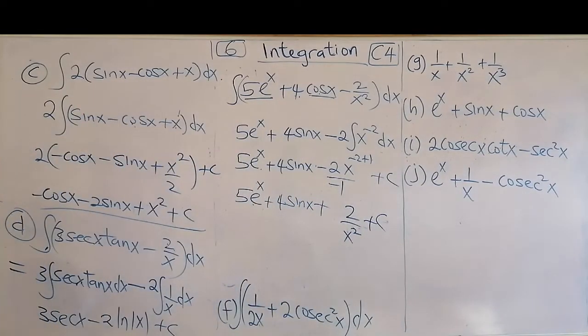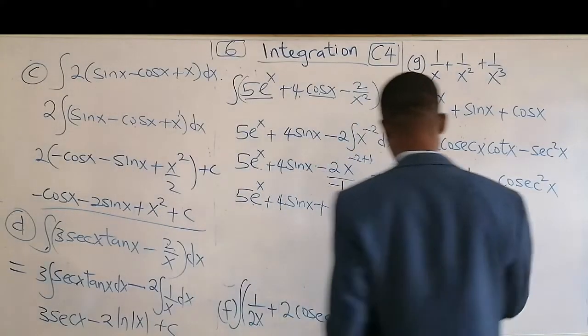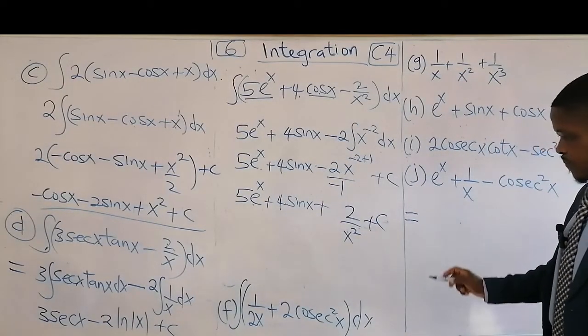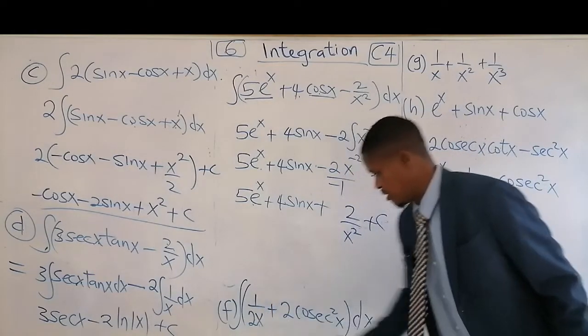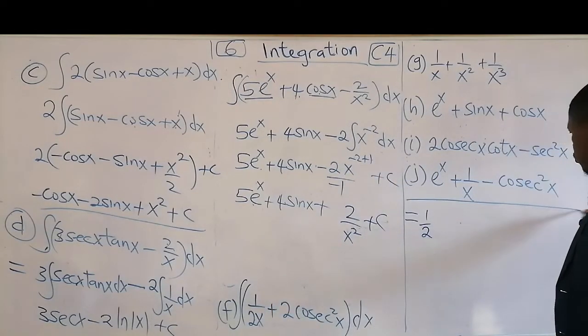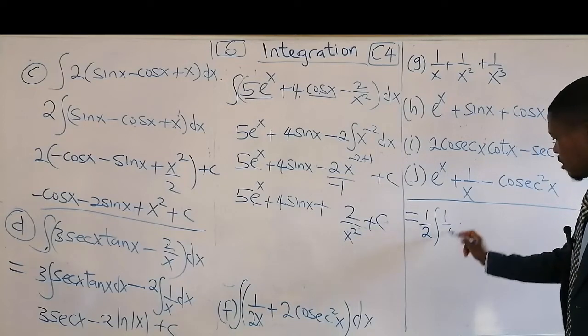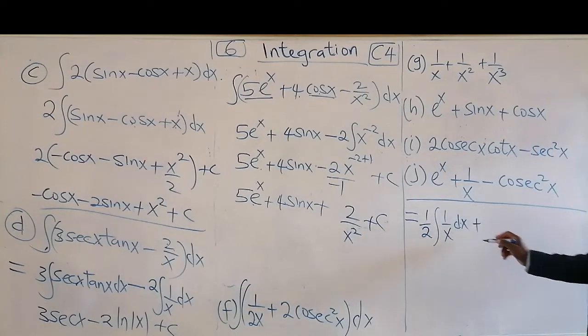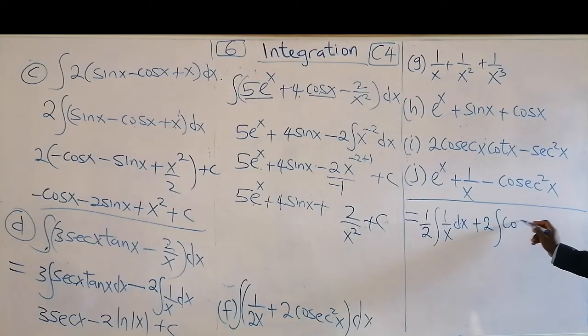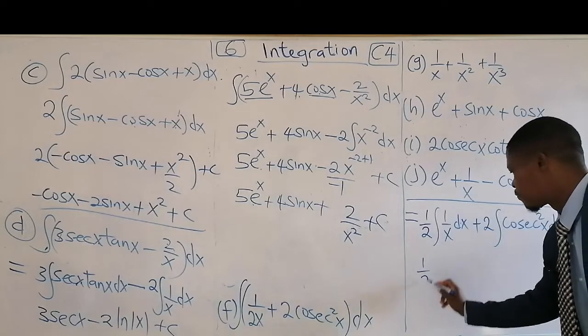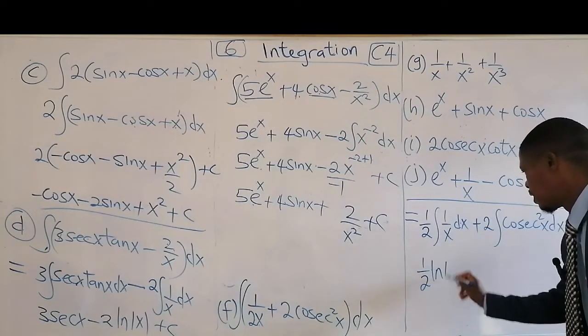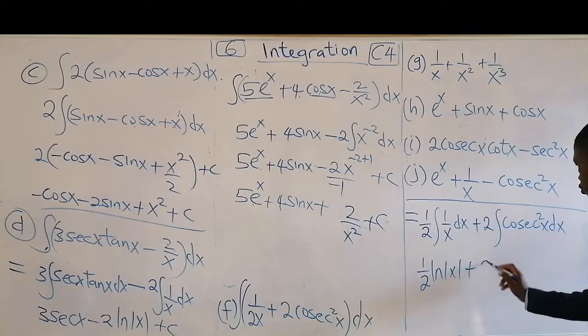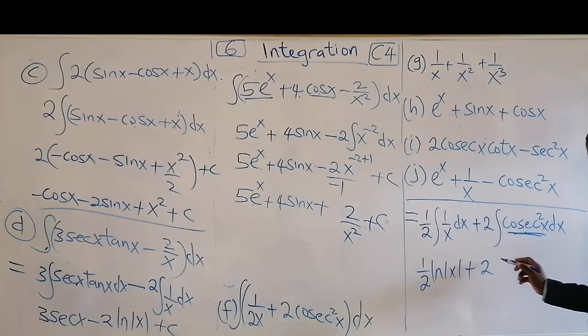That's the f. And that will be equal to, we can bring these 2 outside the integral, which is 1 over 2, 1 over 2, integral of 1 over x dx, then plus 2 integral of cosec square x dx, and this will give us 1 over 2 times ln x, then plus 2 integral of this, minus cos x plus c.